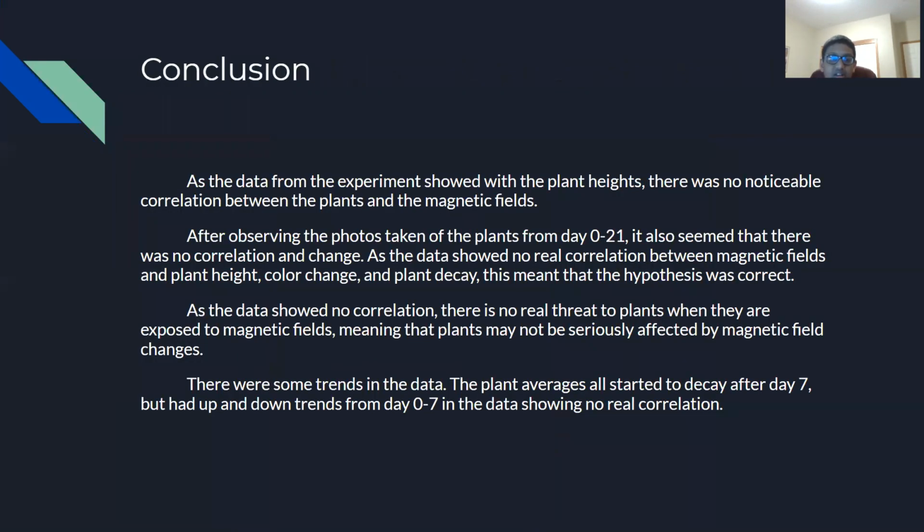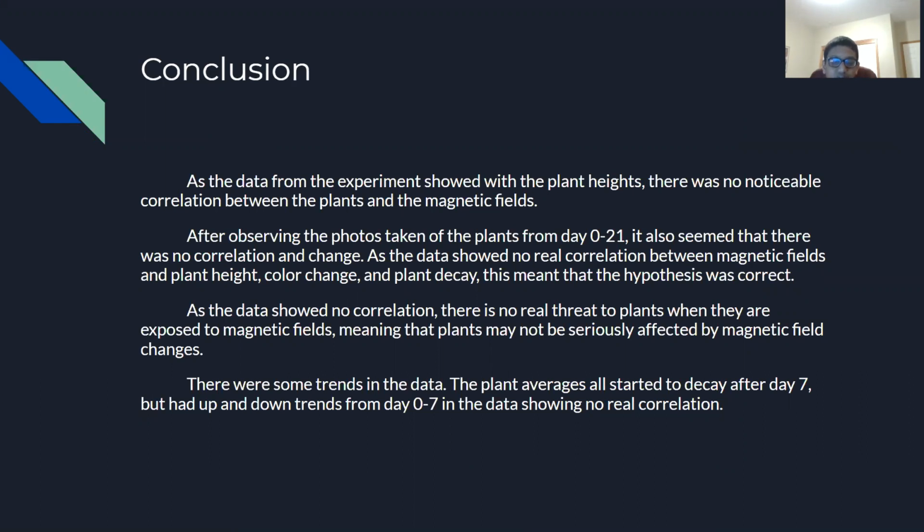And so the conclusion was that, as the experiment showed with plant heights, color, and decay rate, there's no noticeable correlation between the plants and magnetic fields. So after observing the photos taken of the plants from day 0 to day 21, it was also shown that no correlation in change was being shown. As the data showed no real correlation between magnetic fields and plants, this meant that the hypothesis was correct.